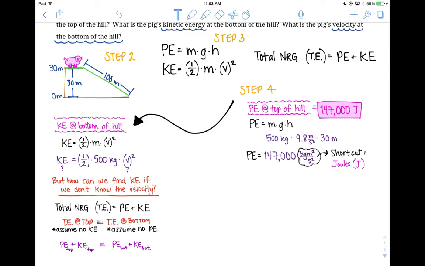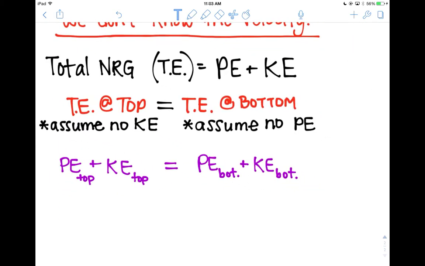So our total energy is equal to potential plus kinetic. The potential and kinetic at the top equals the potential plus kinetic at the bottom. We fill in what we know. We know the potential energy at the top is 147,000 joules. We figured that out in the last problem. The kinetic energy at the top is 0 because he's not moving.